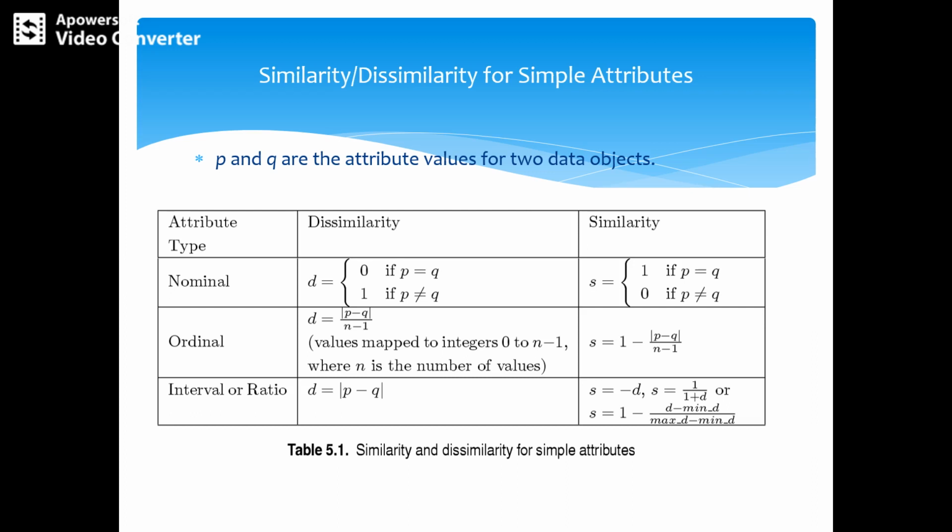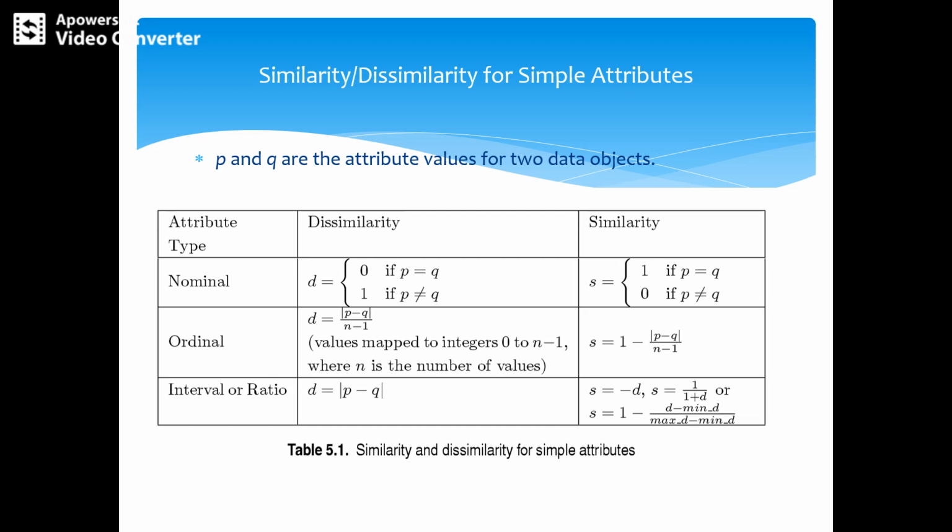Thus we first discuss proximity between objects having a single attribute. Consider objects described by one nominal attribute, where P and Q are the attribute values of the two data objects.